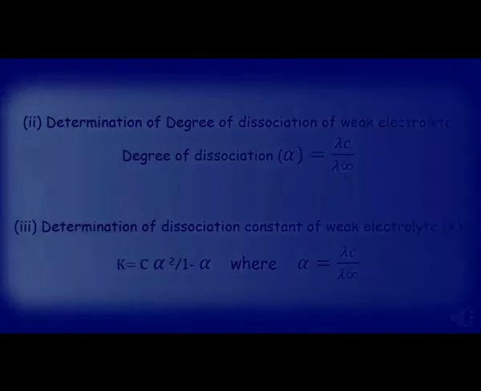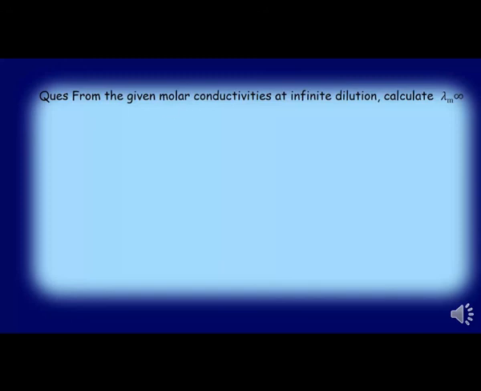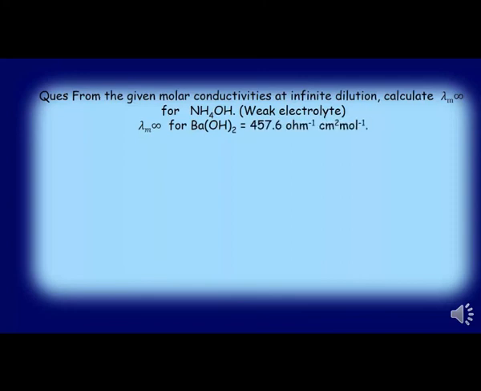Now let us try to understand the first application of Kohlrausch's law by doing a problem. You have to calculate lambda infinity of ammonium hydroxide. You are given lambda infinity of barium hydroxide 457.6, lambda infinity of barium chloride 240, and lambda infinity of ammonium chloride 298.8.